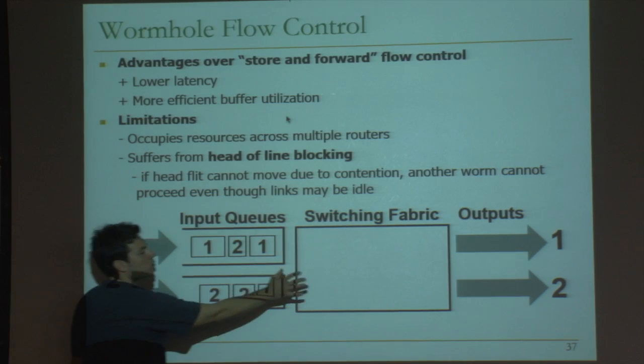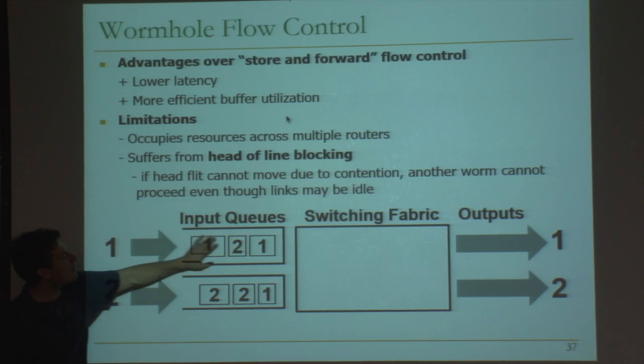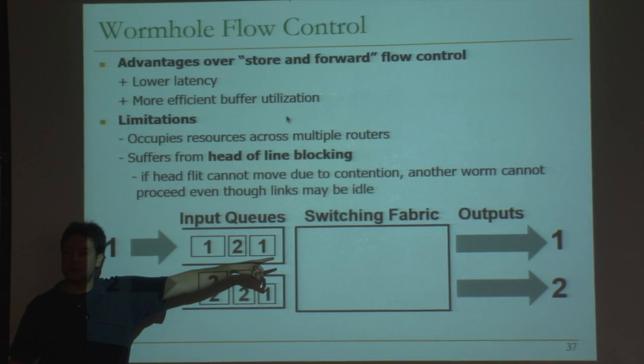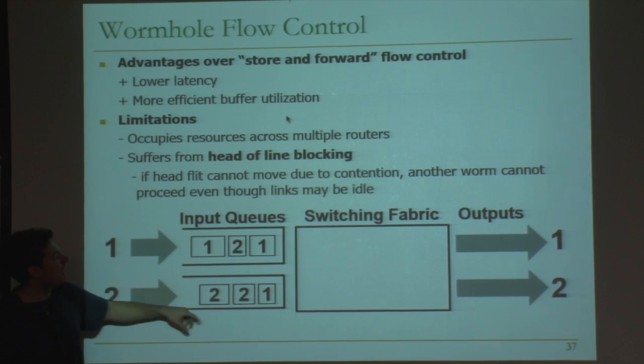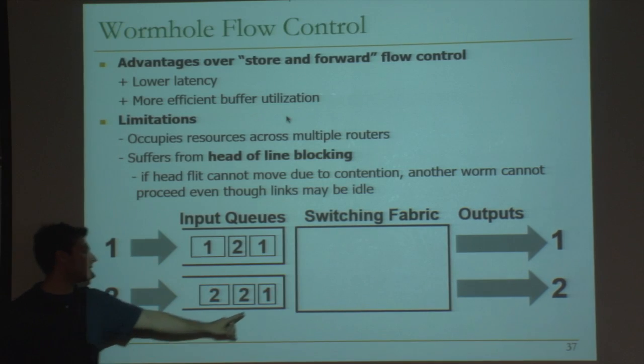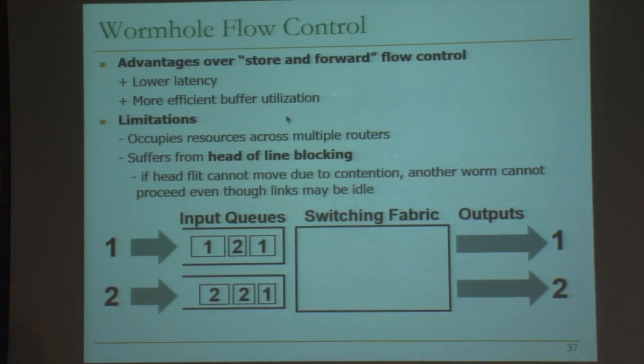Let's say you have a small switch, 2 by 2, 2 inputs, 2 outputs. You have a set of packets, and the number in these packets corresponds to the output they're headed to. So input 1 has packets for output 1, 2, and 1. Input 2 has packets destined to 1, 2, and 2. And they're waiting in these queues. The problem is that the packets at the head of the queues both want to go to output 1.